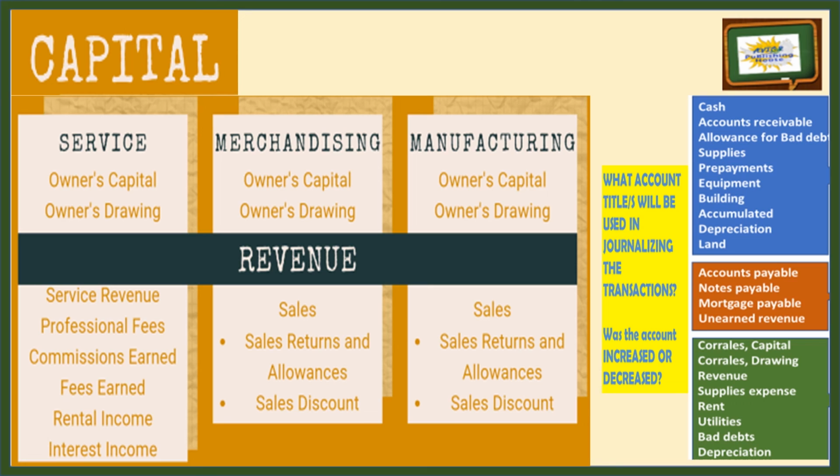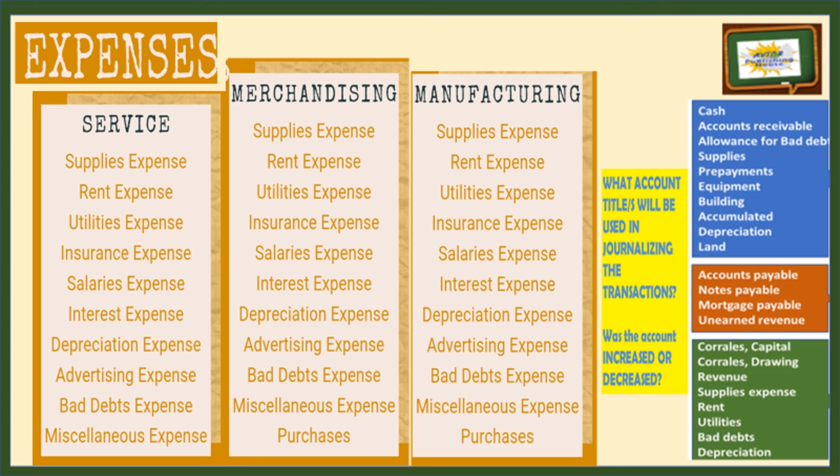For merchandising and manufacturing, we have the same revenue accounts: sales, sales returns and allowances, and sales discount. For expenses, they are all the same. There is no distinction whatsoever when it comes to expenses except this one: purchases.